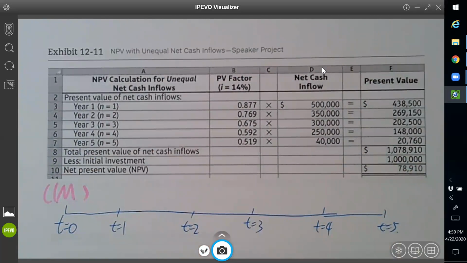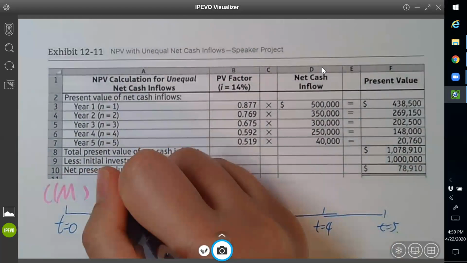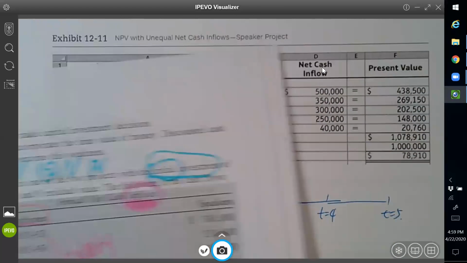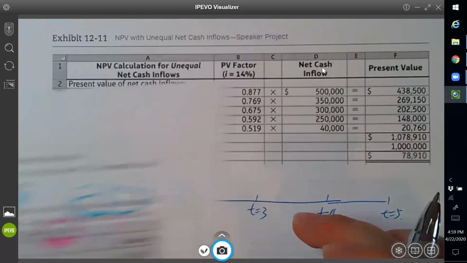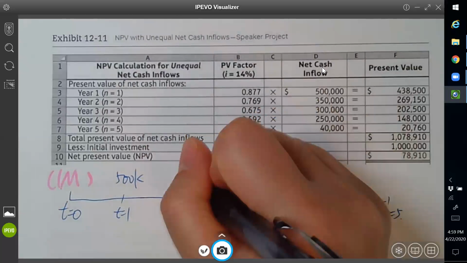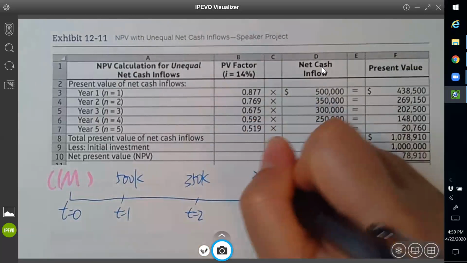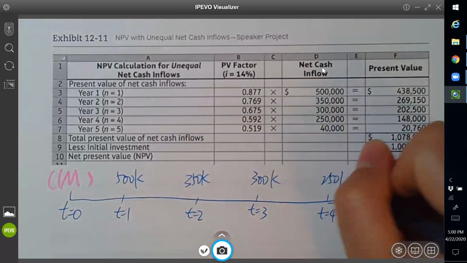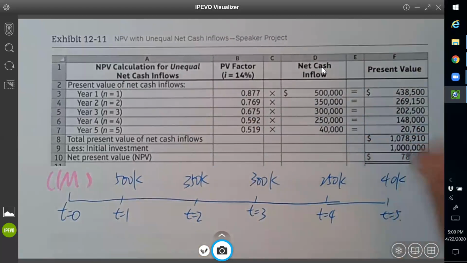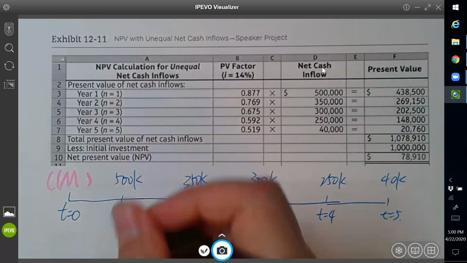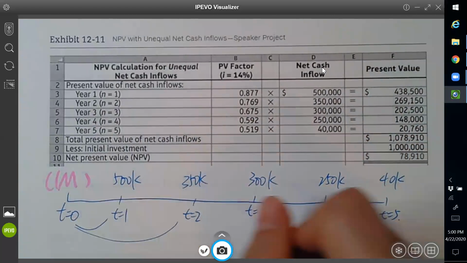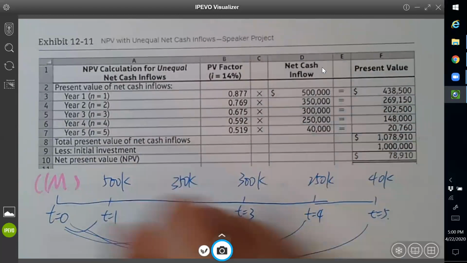And then first year, you have 500,000. You said, how did you get that number? It's just from the question, right? Second year is 350,000, 300,000, 250,000, and then 40,000. We cannot use annuity because every year the cash inflow is different. So we have to discount back 5 times.